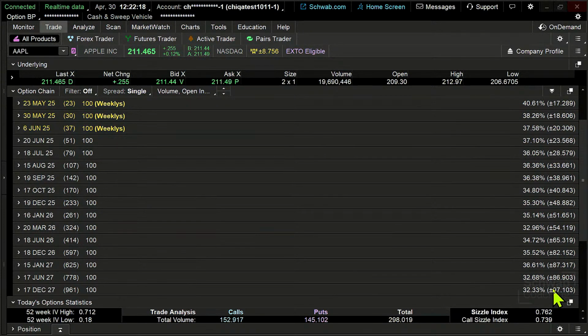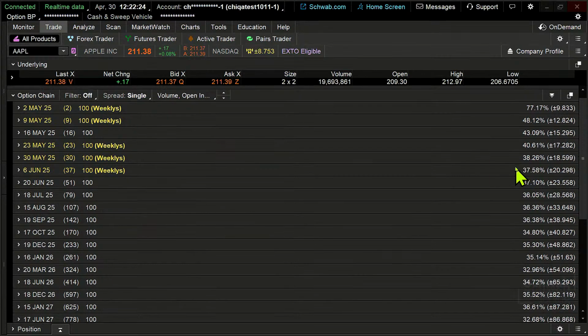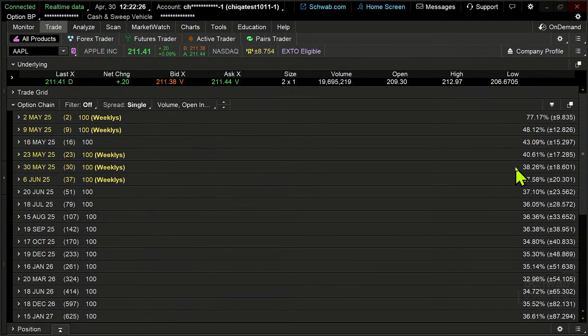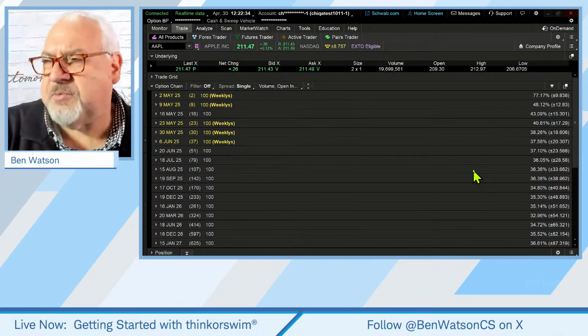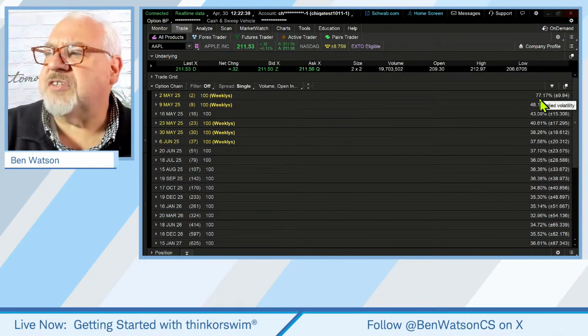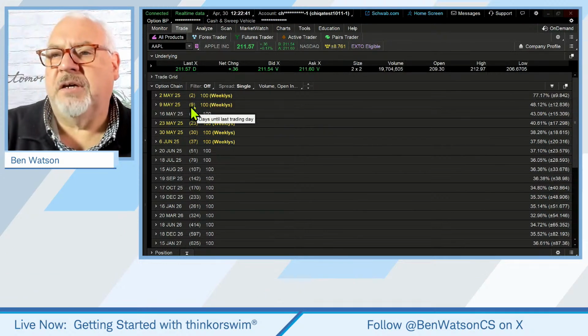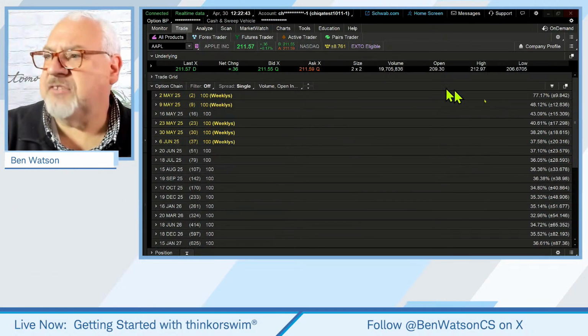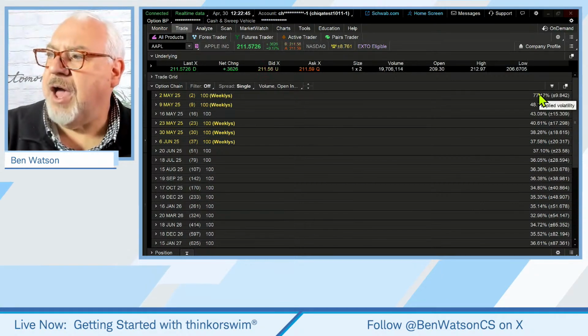So that can give you a way to select strike prices when choosing an option strategy, when choosing a duration. Now, the other thing to think about is, remember we talked about the fact that implied volatility rises into an earnings announcement or stays elevated into an earnings announcement and then drops afterwards. Well, look at the difference here between the option that expires in 2 days and the option that expires in 9 days.